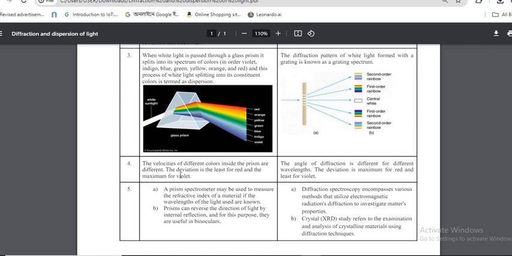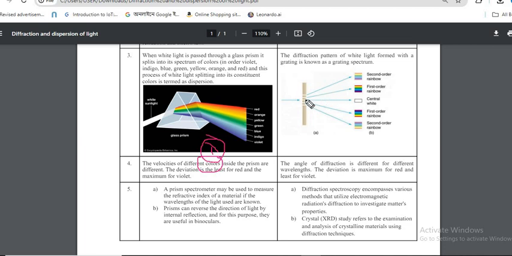It depends on the refraction of the color. Different color means different wavelength. When we are talking about color, this is related to wavelength. So dispersion is related to wavelength, to different color, and to the angle of refraction. Whereas the angle of diffraction is different for different wavelengths. So here it depends on the angle of diffraction.